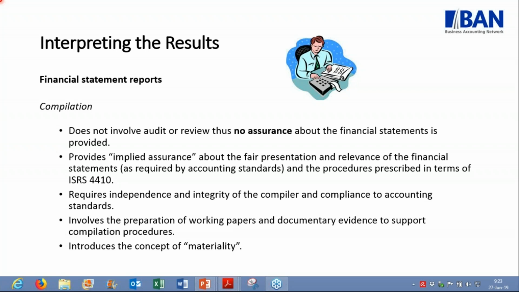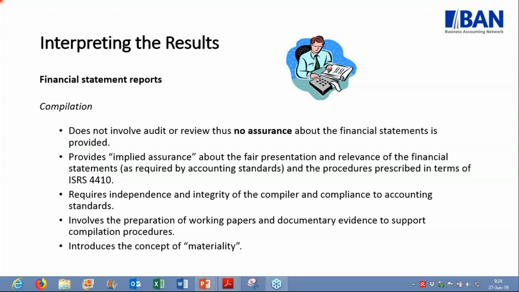The person who compiles your financial statements usually is an accountant or a professional who knows accounting standards and has the required technical skills to perform this compilation, because they need to exercise independence as well as integrity, as well as compliance to the accounting standards themselves. A compilation is not merely taking information and preparing your financial statements.